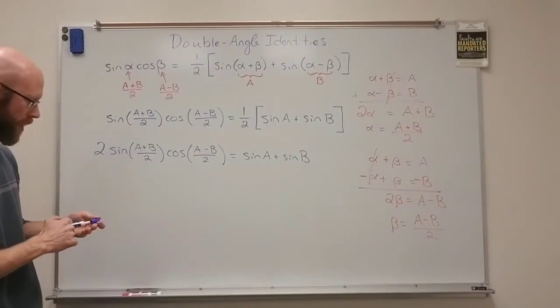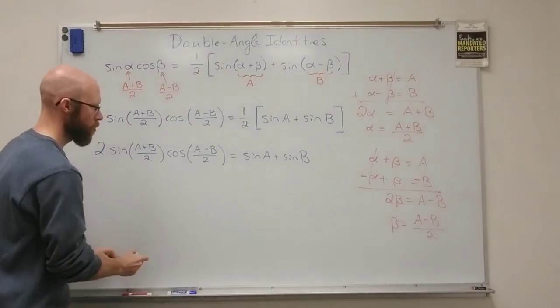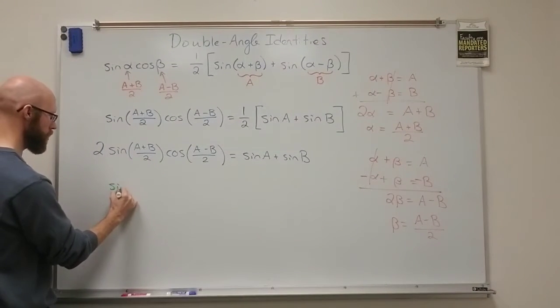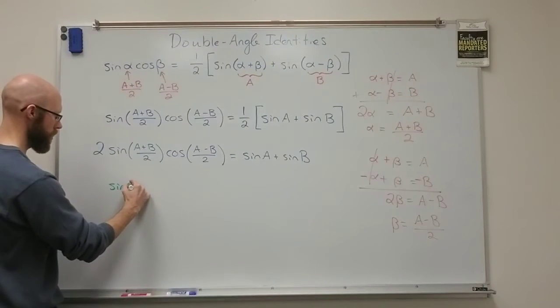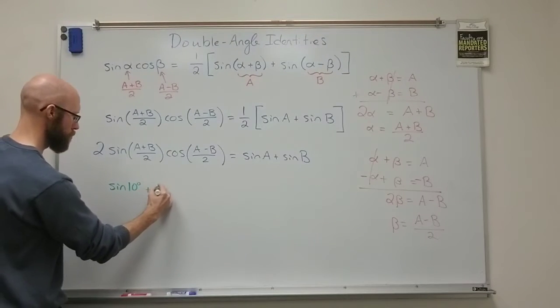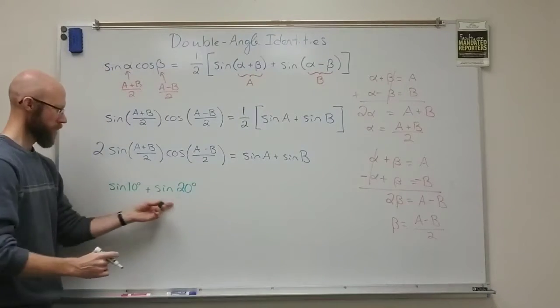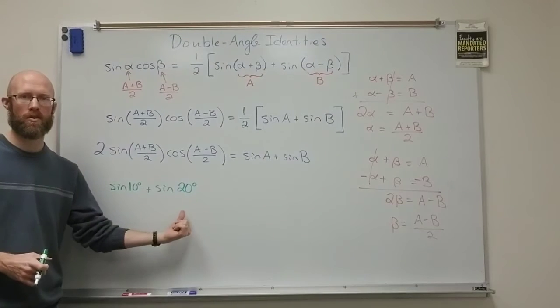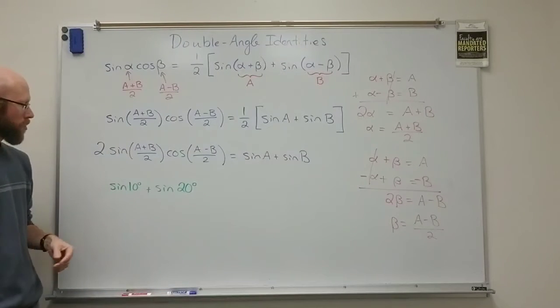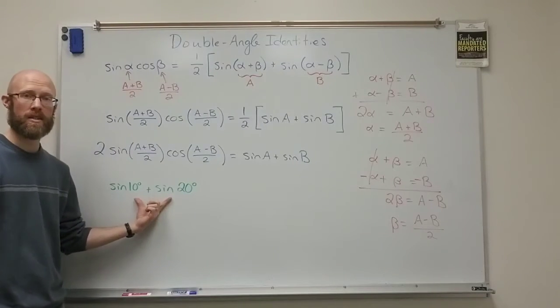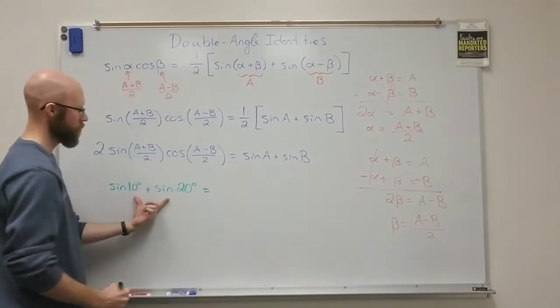Just as an example real quick, let's say I wanted the sine of 10 degrees plus the sine of 20 degrees. If I didn't know either of those individually, I could find that sum using this formula.